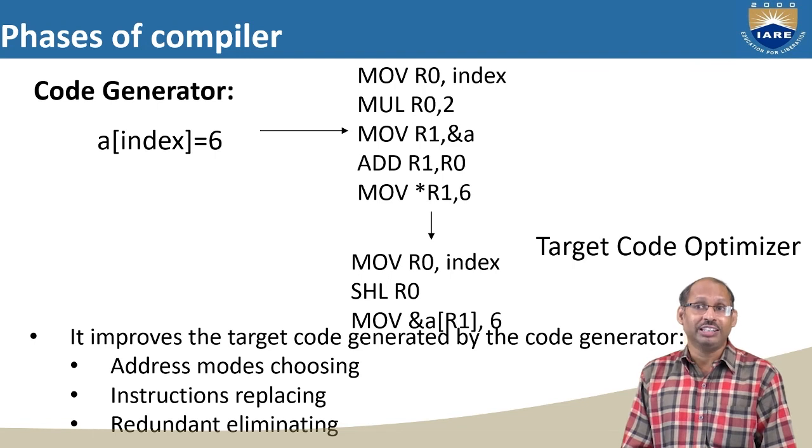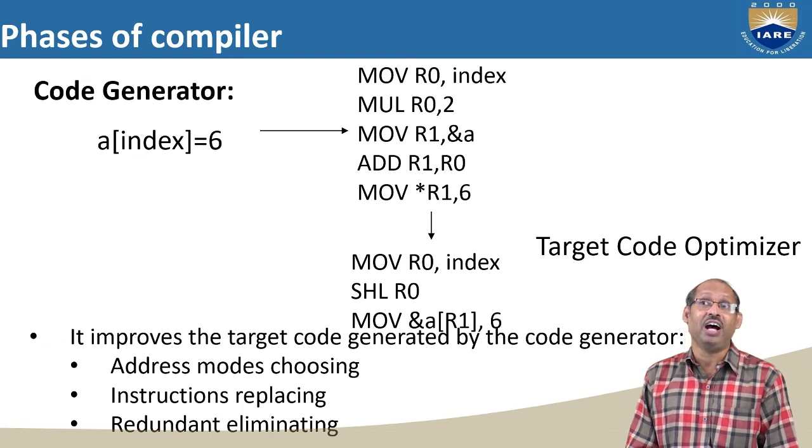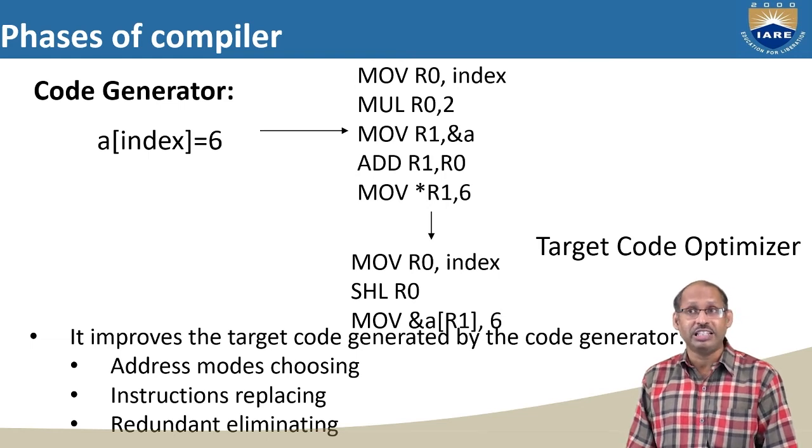So what is addressing modes choosing? There are different addressing modes. So which one is better for our resultant instructions? Then instructions replacing: we have 6 statements replaced with 3 statements. Redundant eliminating: if any statement is repeated with the same result, instead of writing it multiple times, we write it only one time. Right?